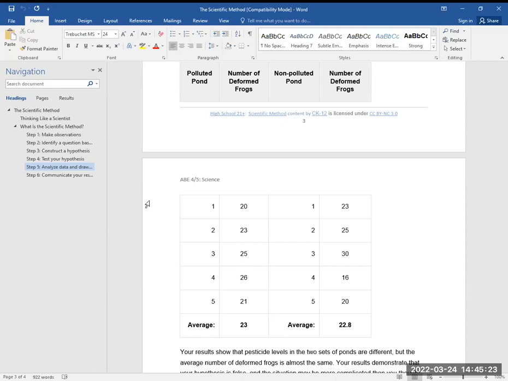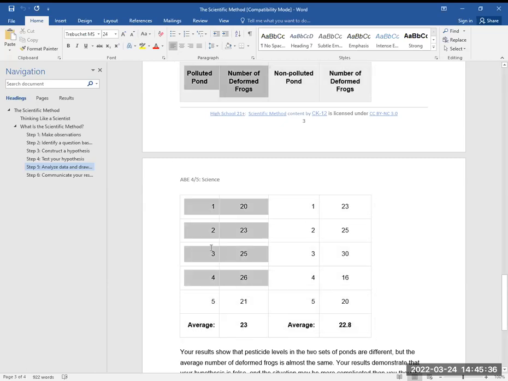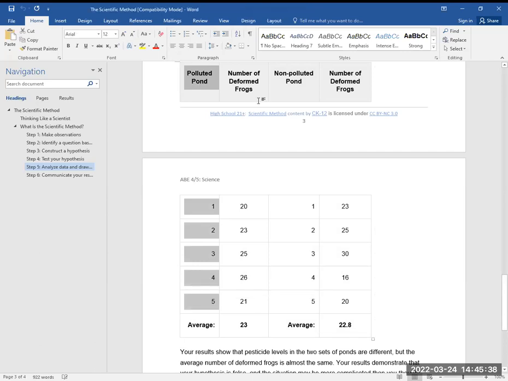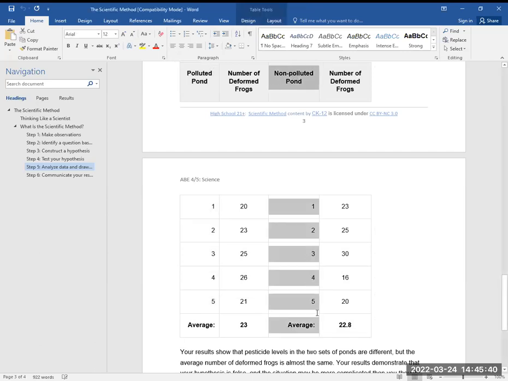This is the polluted pond. In the second one, 23, right? No, that's number of ponds. So this one is the polluted pond. This is the non-polluted pond, right? So we have to keep track of what each heading is.